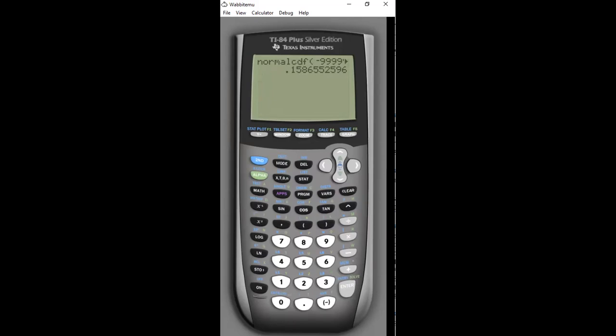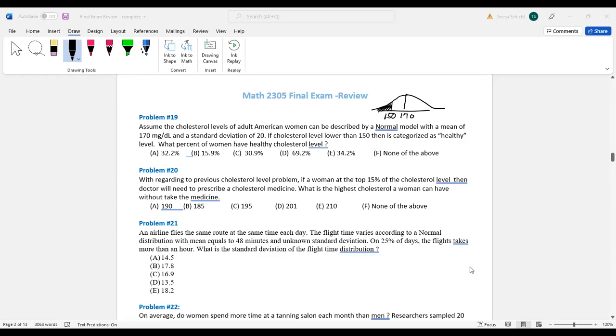Let's go back here. It's 0.15865 here. So you are rounding, and it will be 0.159.